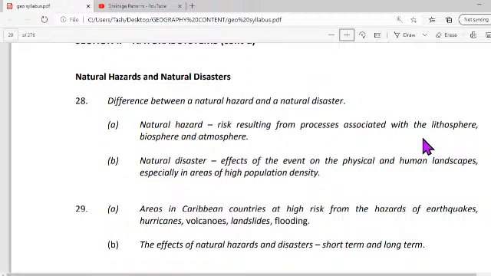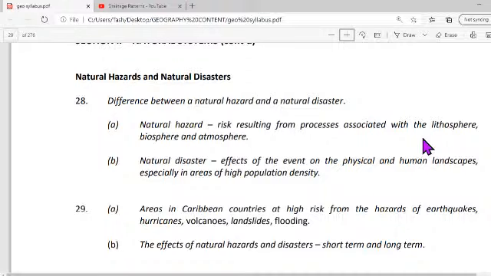Hazards and natural disasters. So, the main difference between a hazard and a disaster is that one of them has the potential to create problems, and the other one has already created the problems.